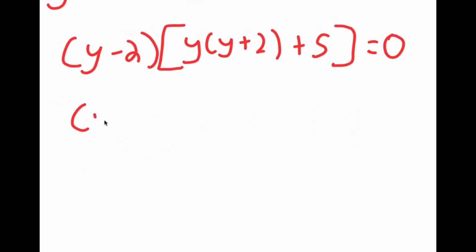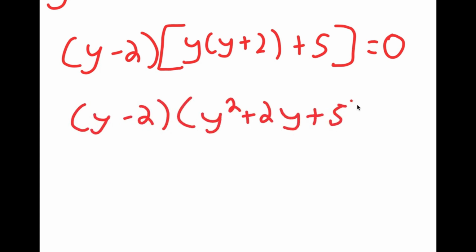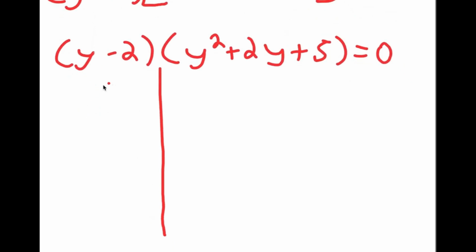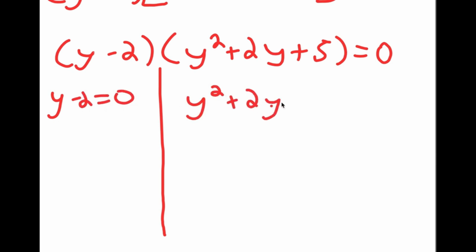And now if I simplify this, I get y minus 2 times y squared plus 2y plus 5 is equal to 0. And now I get two equations. I get y minus 2 is equal to 0, and y squared plus 2y plus 5 is equal to 0.